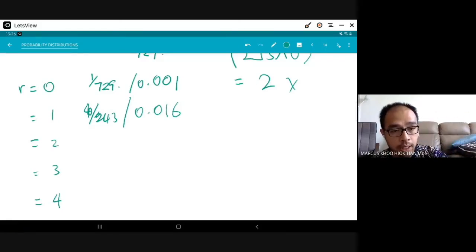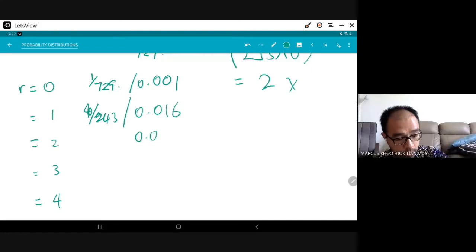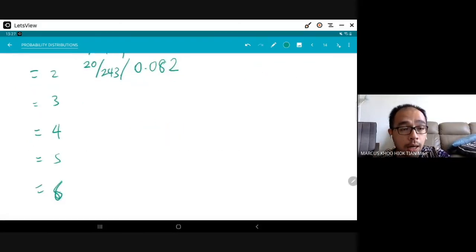Alright. Number two is the C people, right? C and D ka? Can I have Colette for this, please? 0.082. Okay, 0.082, or the pecahan is 20/243. Okay, R equals to 3. R equals to 3 is who? The F people.